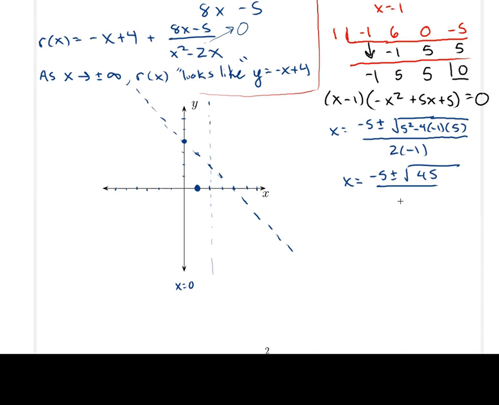all over -2. Now I kind of like to break these up, like I've said before, so I'm going to put -5 over -2, so that's +5 over 2, plus the square root of 45 over 2, or 5 over 2 minus the square root of 45 over 2.